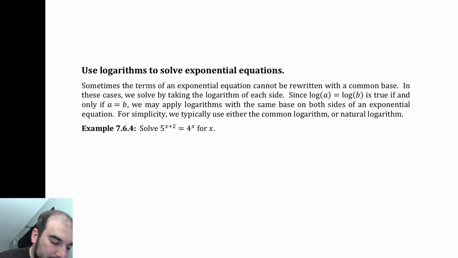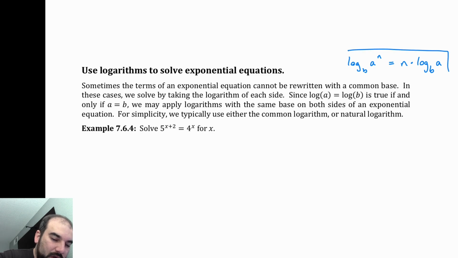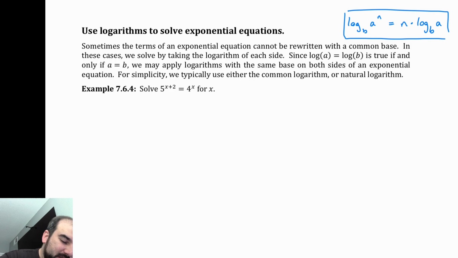Remember the power rule for logarithms says if I have log base b of a to the n power, I can take that n and move it to the front and say n times log base b of a, right? That power rule is going to be useful for solving these, but the first thing we're going to do is essentially log both sides.